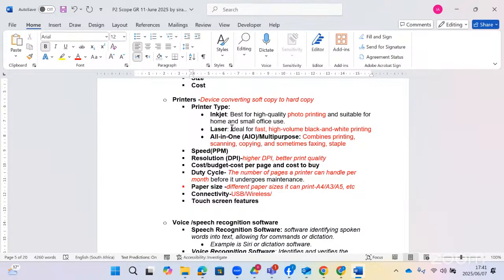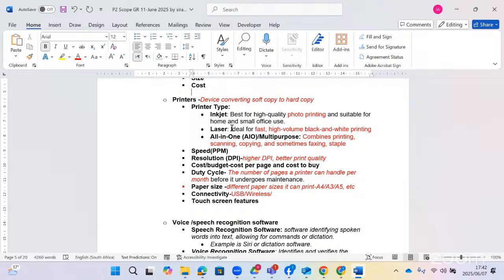Now, the speed, ppm, the resolution, dpi, the cost or the budget. In other words, the cost to purchase it, as well as the cost per page when you are printing.